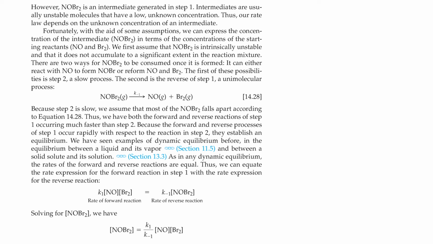Because step 2 is slow, we assume that most of the NOBr2 falls apart according to equation 14.28. Thus, we have both the forward and reverse reactions of step 1 occurring much faster than step 2. Because the forward and reverse processes of step 1 occur rapidly with respect to the reaction in step 2, they establish an equilibrium.